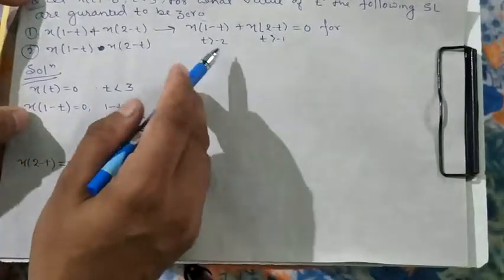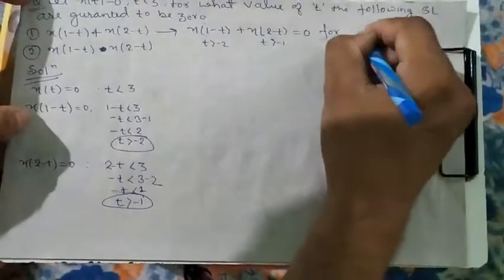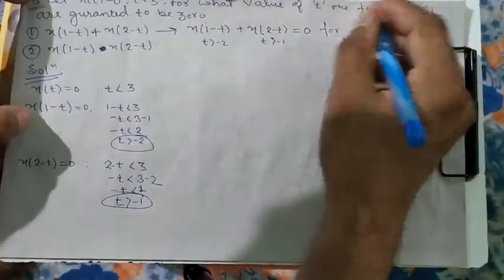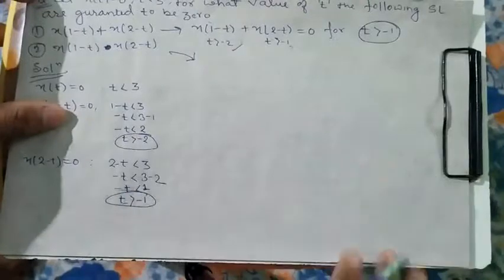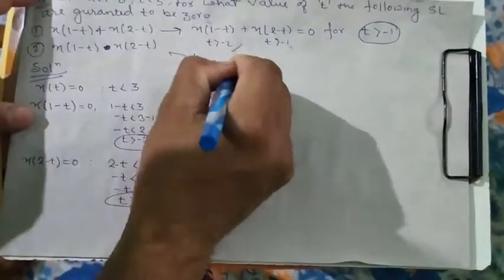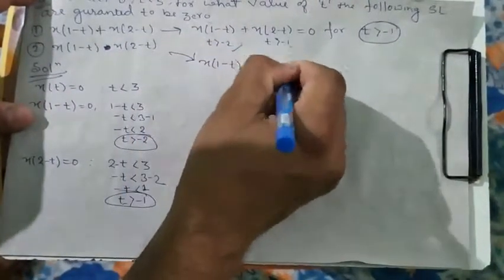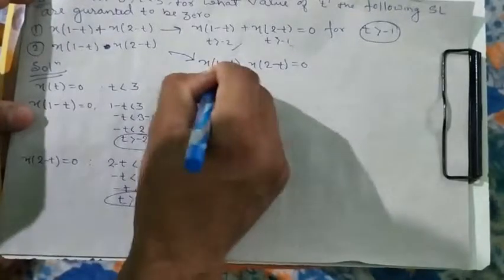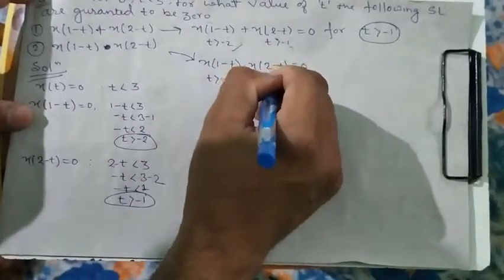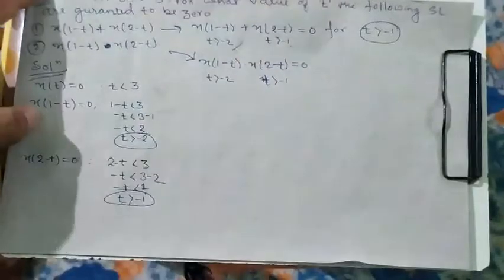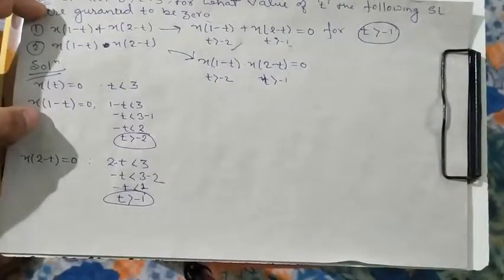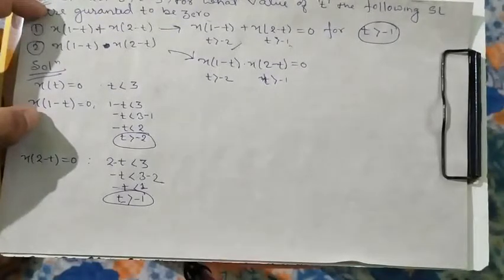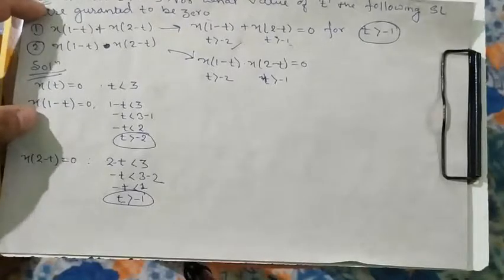The whole condition will be for t greater than minus 1, because if we take minus 2, then of course this will not be 0. Similarly, x(1 minus t) into x(2 minus t) is 0 when t is greater than minus 2 or t is greater than minus 1. So this is multiplication. If one is 0 and we multiply by the other, our result will be 0 only, right? So here we will take this one.